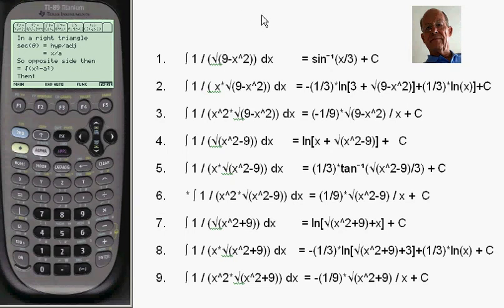And so the opposite side is the square root of x squared minus 9. Sine of theta equals opposite over hypotenuse, so equals the square root of x squared minus a squared over x. So the answer is 1/9 times square root of x squared minus 9 over x plus c.